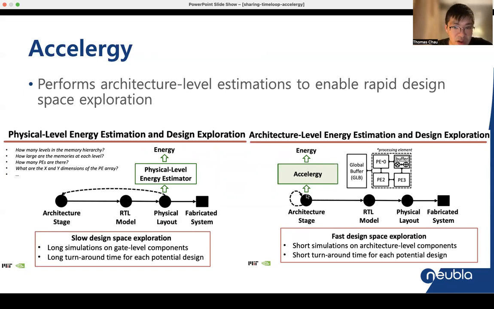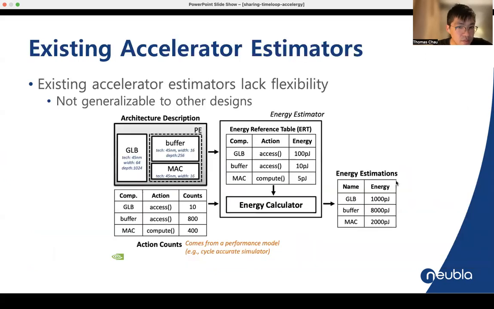So the goal of Accelergy is to perform fast design space exploration at the architectural stage on architectural level components. Existing accelerator estimators take an architectural description with defined primitive components as basic building blocks.